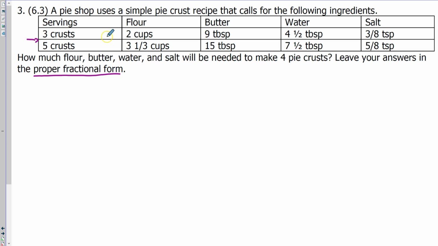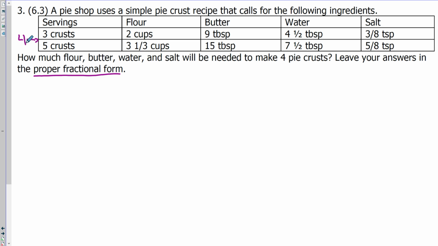So there are several different approaches that we could take with this one. One option would be to take the 3 pie crust measurements and perhaps scaling them down to how much is needed for 1 crust, and then scaling them up again for how many is needed for 4. So that would be division and multiplication occurring to our values. Another option is we can notice that 4 lands in a very special place between 3 and 5.